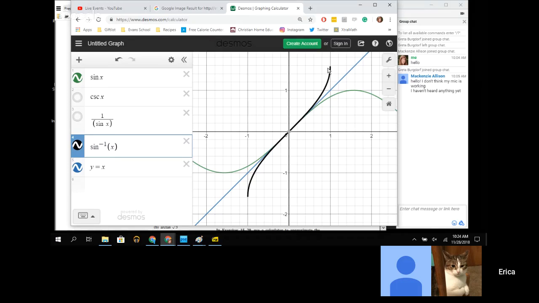Okay. So does that graphically help distinguish between the sine, the cosecant, and the inverse sine? What those are?